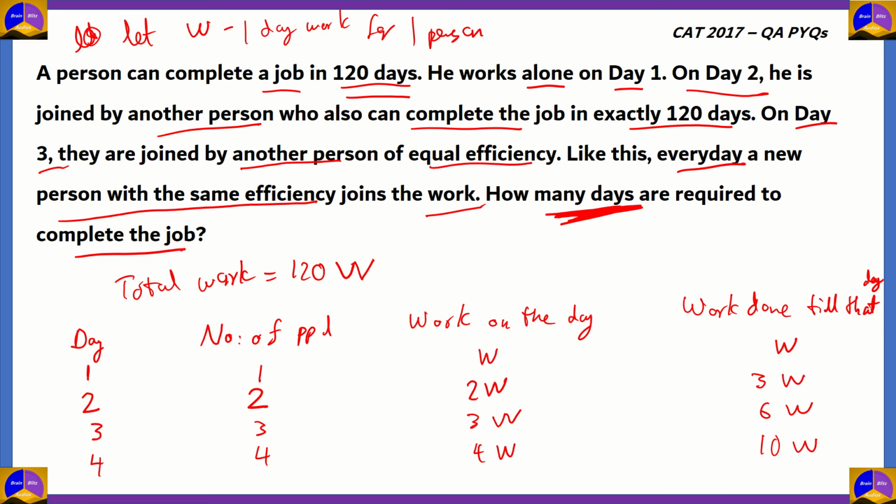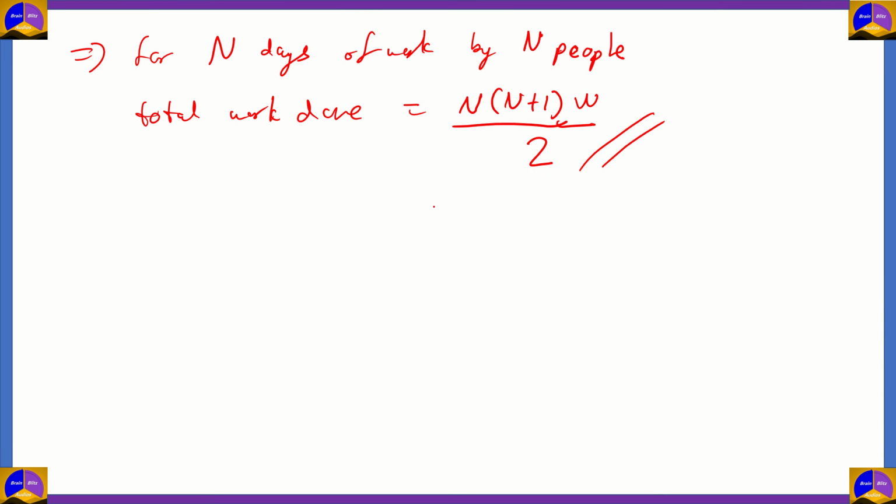We can extend it all the way and check it for each particular day, and you can see that this particular equation holds. So we're going to use this on 120W. What we're going to do is equate 120W with the equation we have.